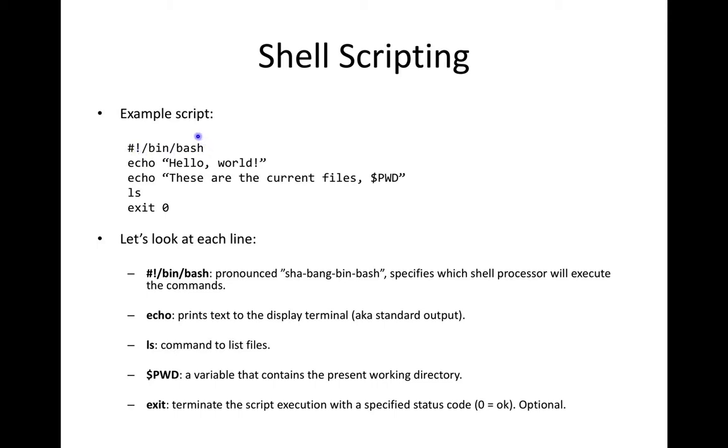This line tells the shell interpreter that the contents of this file should be executed by the shell interpreter. In other words, this line designates this script file as a shell script. So it's very, very important that your shell script file begins with this line.